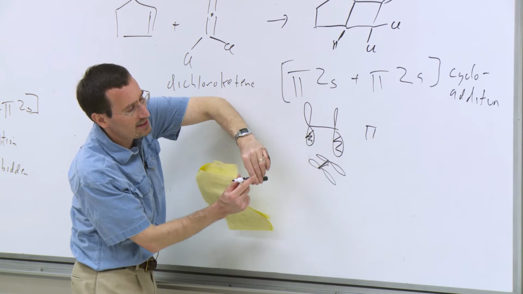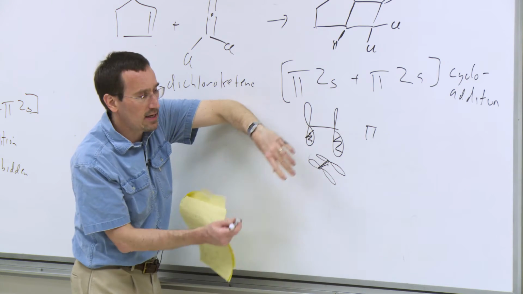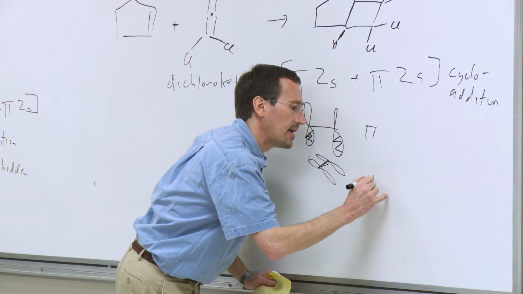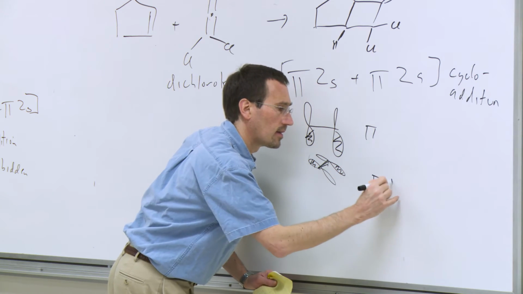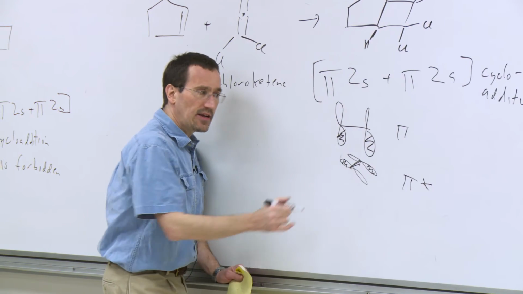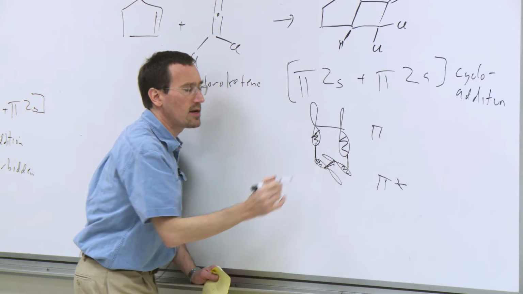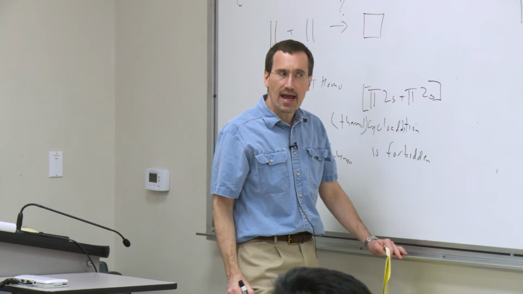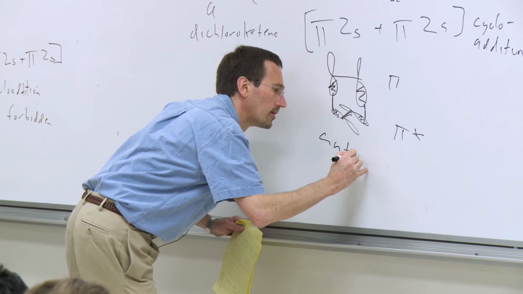So basically, this is my poor representation of the alkene on its side and coming out of the board. And now we're going to draw pi star, like so. And if you do this and you combine an overlap here and an overlap here, that is an antarafacial interaction.